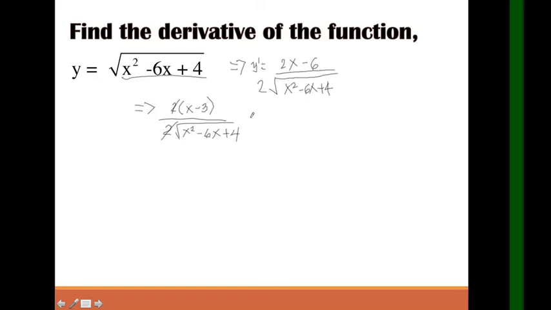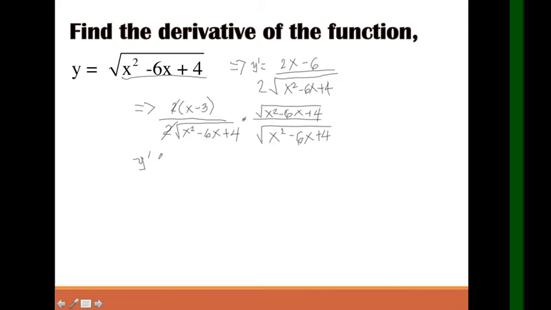Okay, so, pwede na tayo mag-multiply both sides ng ating rationalization. So, we have x squared minus 6x plus 4 and square root of x squared minus 6x plus 4. To make it short, ikakopy lang natin yan.